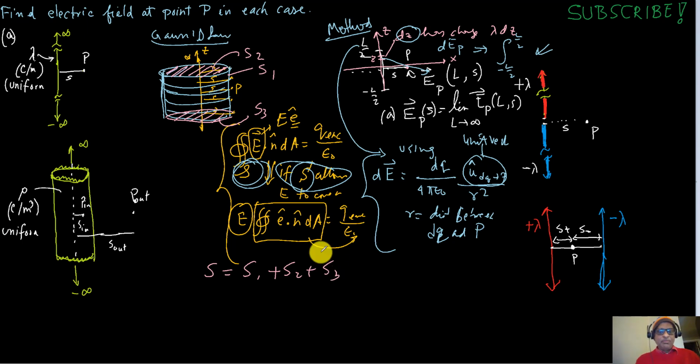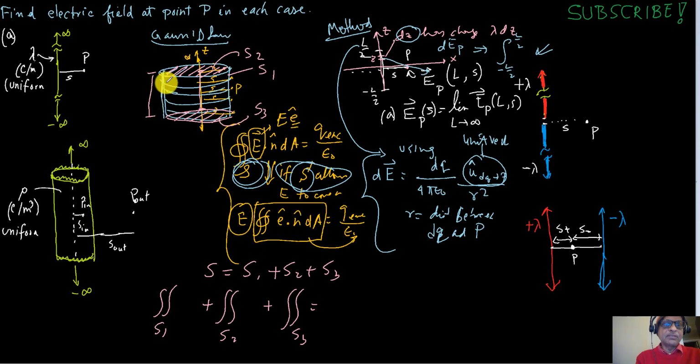And let's examine what this integral will be. This integral will be on S1 plus S2 plus S3, and then this charge is, well, let's call this height h.